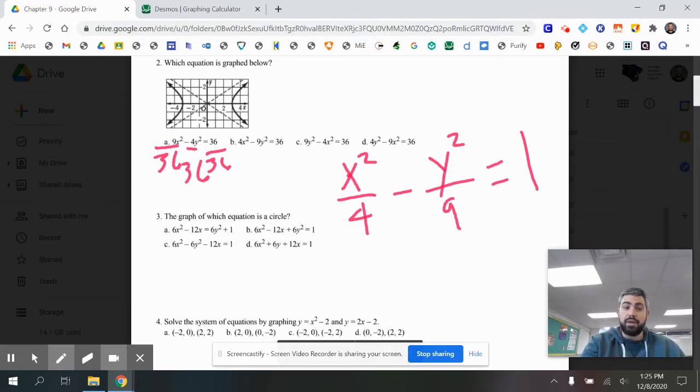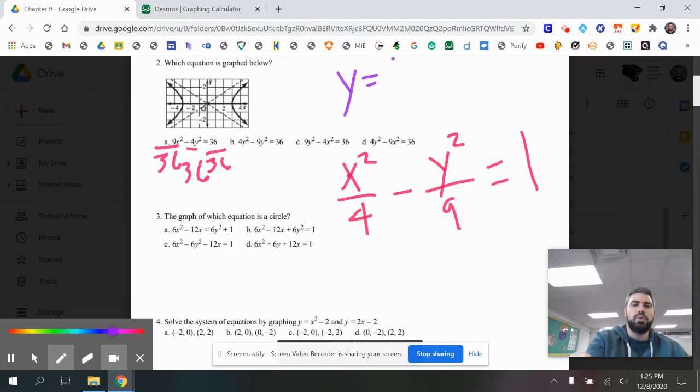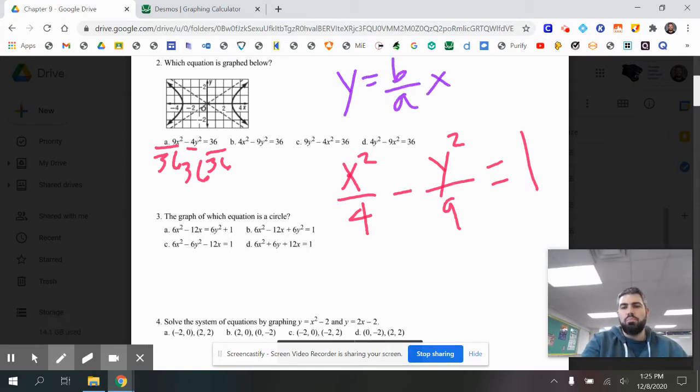And I could graph that to make sure it's the same. Okay, so if you think about it, that's a horizontal graph, and so we know that our asymptote equations are of the form y equals b over a. So b in our case would be 3, because the square root of 9 is 3 and the square root of 4 is 2. So our equation would actually be 3 over 2, right?